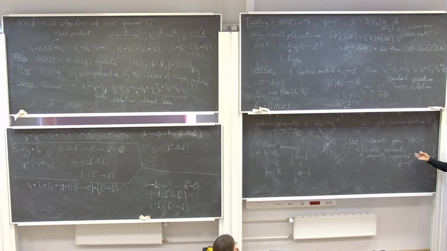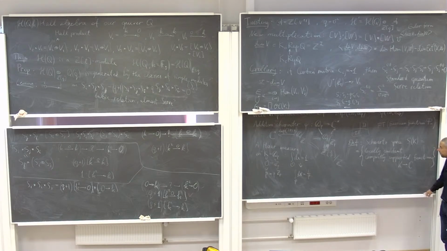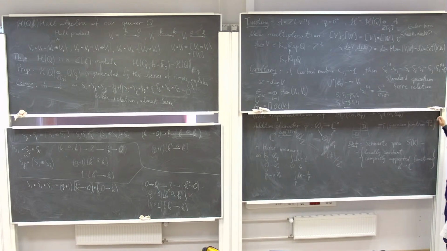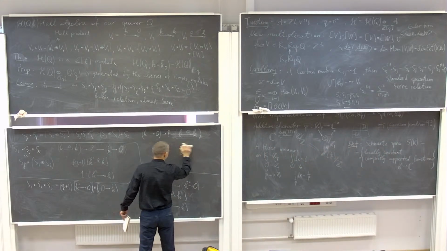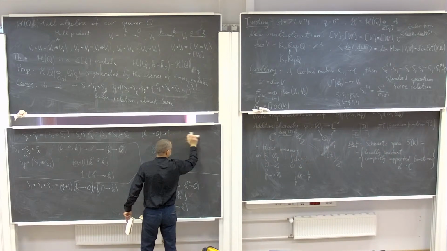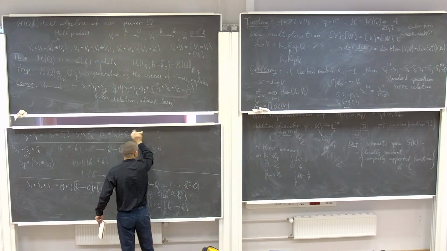So we can consider continuous functions that rapidly decay. They must be locally constant, and we define them as compactly supported. Now, we will prove soon that this space is preserved by the Fourier transform, just as in the real case.